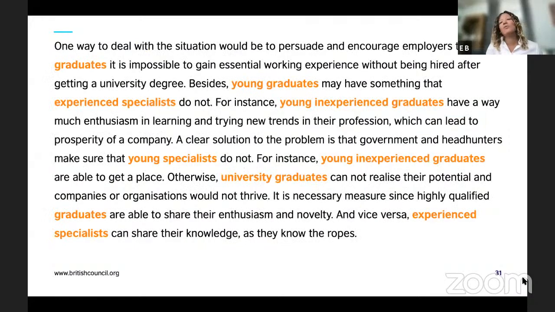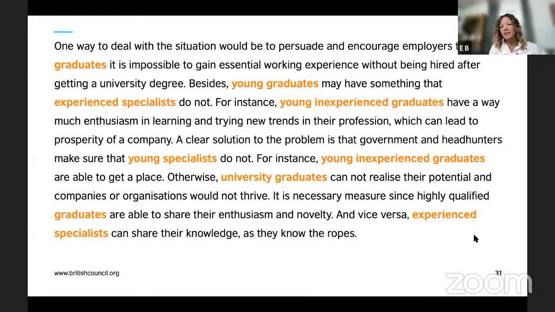So again, we're just looking at paragraph 1 in the sample essay that we've given out. In this one, there are quite a few phrases. And again, the examiner is going to have to decide whether this falls under repetition for lexical resource or that lack of substituting and referencing in coherence and cohesion.